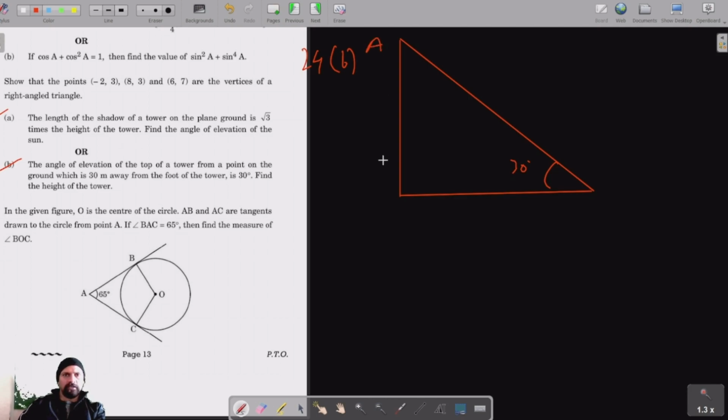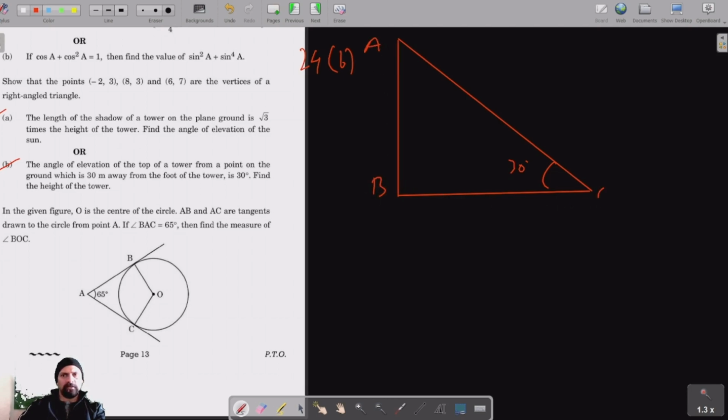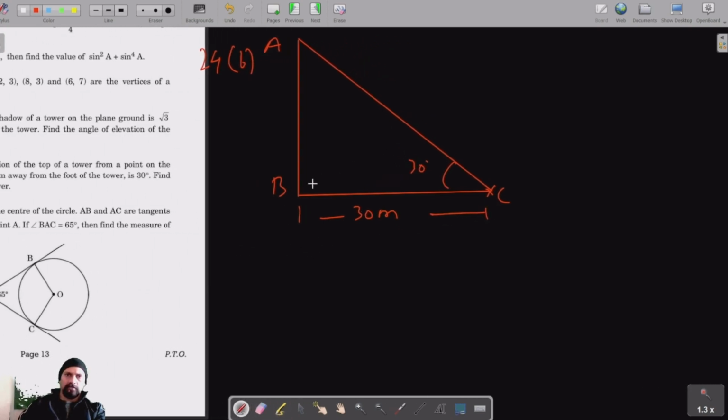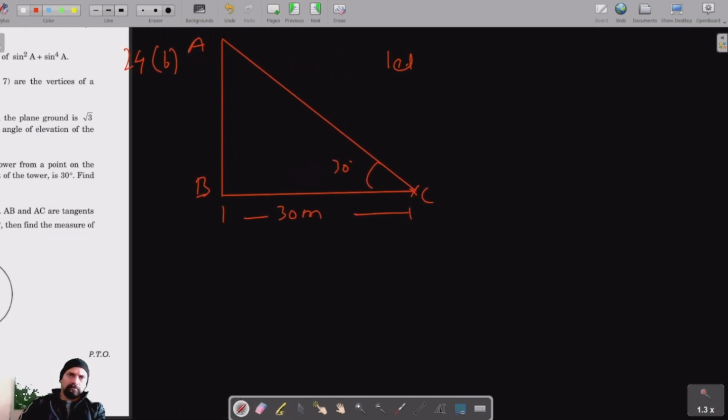We have to find the height of the tower. Let's say AB is the height of the tower, and the distance of the point from the foot of the tower is 30 meters. Now let AB be the height of the tower.